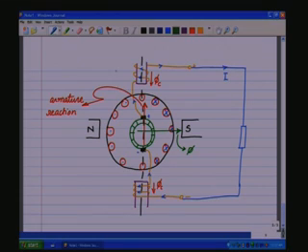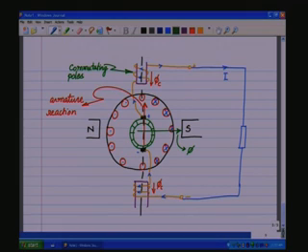Now, these poles that cancel the armature flux due to the armature current, the armature reaction, are called the commutating poles. This makes the flux due to the armature current, or in fact the armature reaction, 0, thereby still maintaining the same neutral zone positions, and thereby we need not shift the position of the brushes.